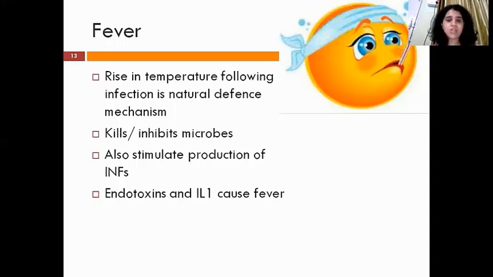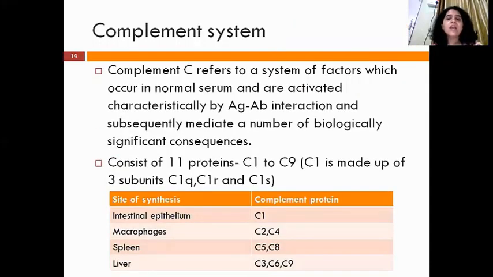Endotoxins and interleukin 1 usually cause fever. Now next, one of the important internal defense mechanisms is the complement system. This complement system is also called the C system. It consists of many proteins, which are usually activated on antigen antibody interaction. Means once an antigen antibody interaction takes place, this complement system will get activated.